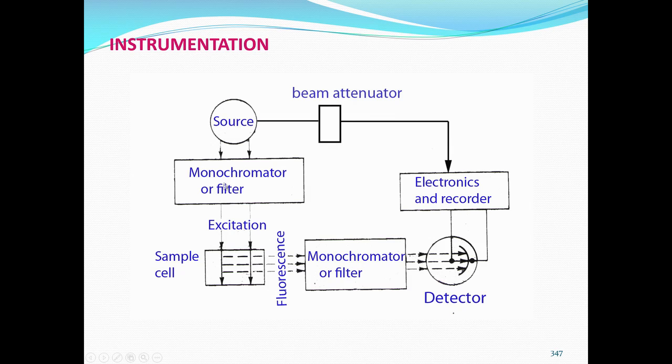the wavelength suitable for excitation to the sample, and then I place a monochromator at right angles to the incoming excitation beam, and then I put a detector, and connect it to an electronics recorder, etc. I can also have some sort of a beam attenuator to account for differences in the intensity of the source during measurement.